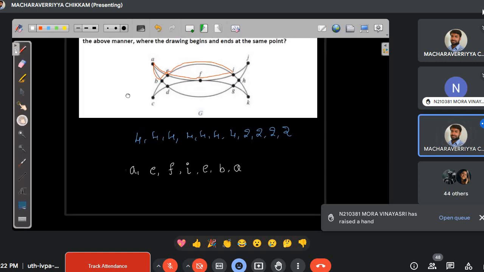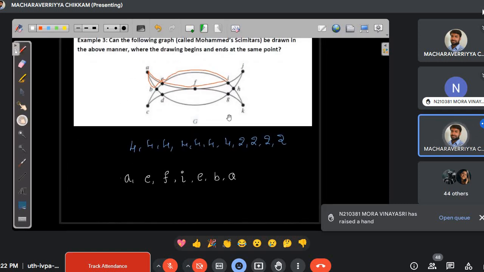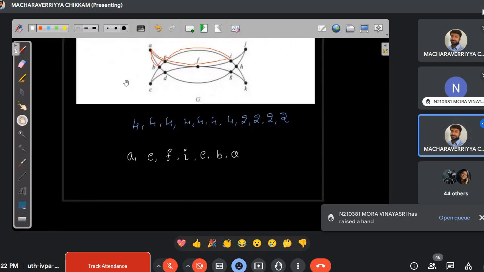Now let us redraw this graph by eliminating all the edges which appeared in this simple circuit. Alright, so I'm redrawing this graph. So what we are doing is we are going to eliminate all the edges that appeared in this simple path.